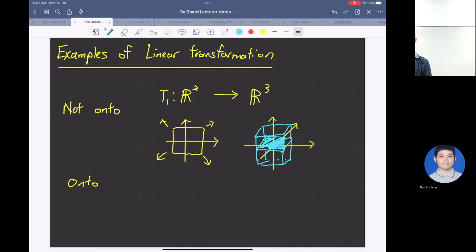But if you go the other way around, from R3 to R2, imagine you have a box or a tin of soft drink. You smash it down flat, so you map it into R2. In this case, you can be onto.